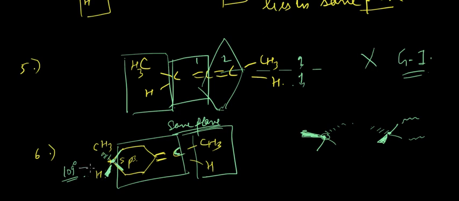So this is in the air and this is perpendicular to the plane in which these CH3 and H groups are. Hence the aerial distance is not going to change even if we change the positions of this CH3 and H, because this is in the perpendicular plane. Hence it will not show geometrical isomerism.